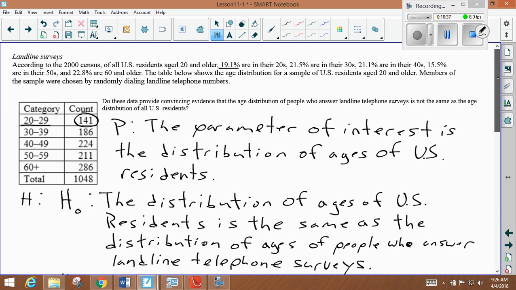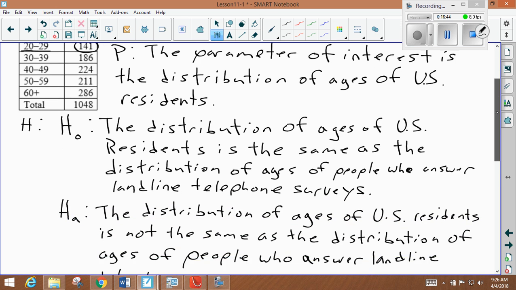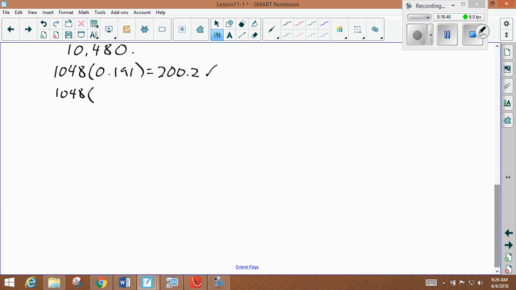That is our sample size times 0.215, which turns out to be 225.3, and that checks as well. It's bigger than 5.